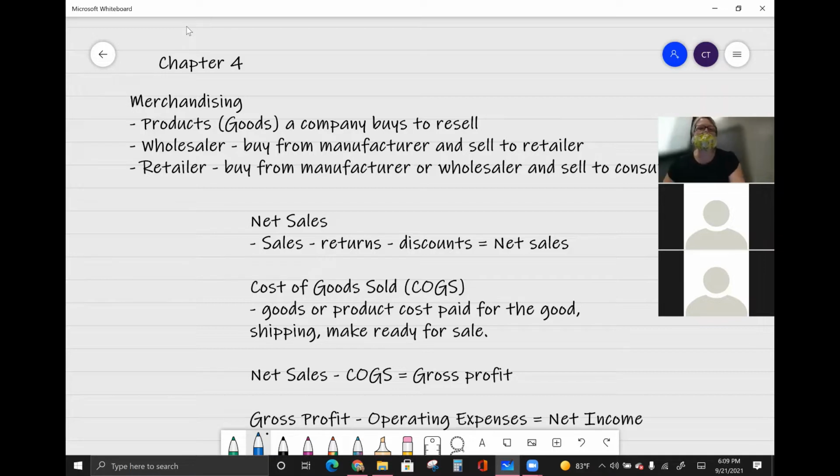All right, so let's get started with chapter 4. Chapter 4, we're going to be talking about a merchandising business. So previously, we've been focusing on all the transactions that come into a business, using those documents to do analysis, get them into the computer, post them through a journal entry and over to the accounts, and then putting together a financial statement.